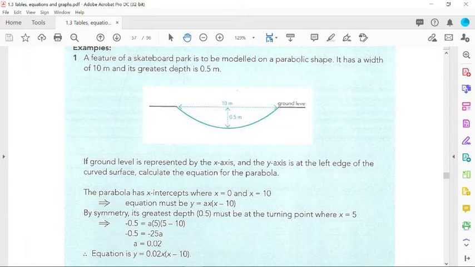All right. So if the ground level is represented as the x-axis and the y-axis is the left edge, calculate the equation for the parabola. So we already know the two intercepts, so we'll use the intercept form. y equals a times x, and our first intercept is at 0, so x plus 0 is just plain old x.